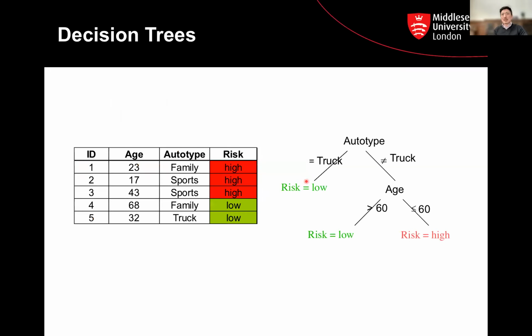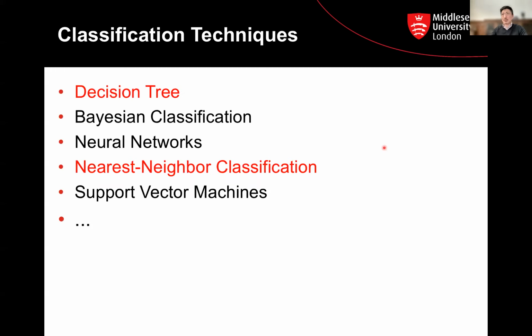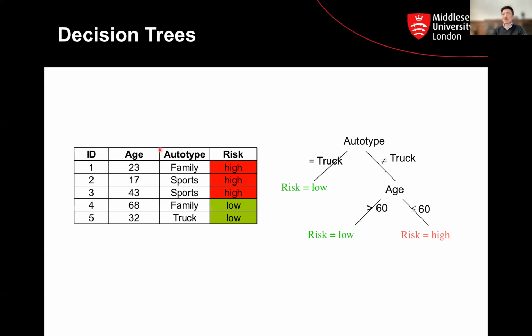The advantage of the decision tree is that it's quite simple and also has quite good performance, and it gives you rules which a human can follow and understand. Whereas, for example, with the neural network, which is very popular now, you don't quite understand why the result is the case.